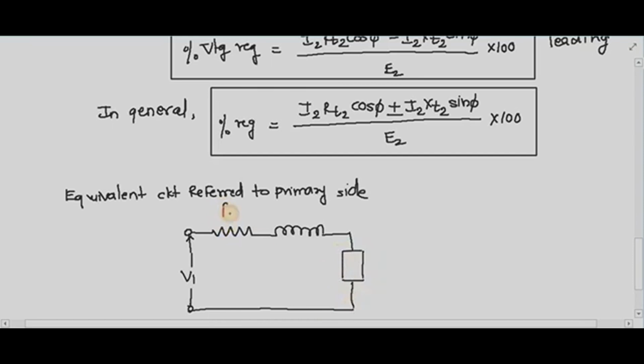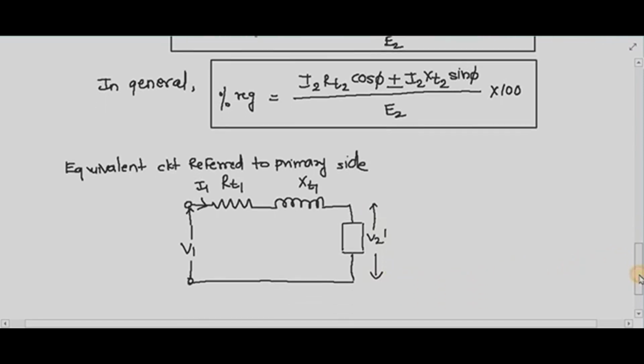So this is your RT1, this is your XT1, this is your I1, and this one is your V2 dash.